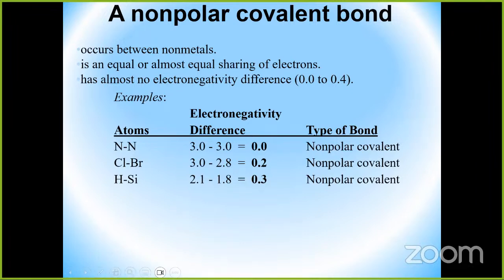Definitely the ones where you have two identical atoms bonded to each other are nonpolar covalent. But even something like chlorine to bromine, where the difference is 0.2, or hydrogen to silicon, where the difference is 0.3, are all considered essentially nonpolar covalent.